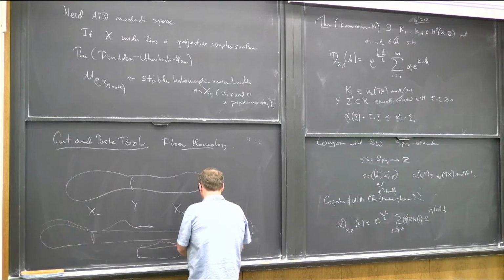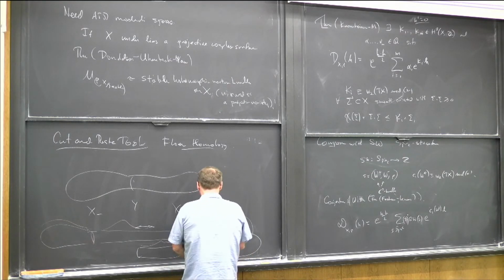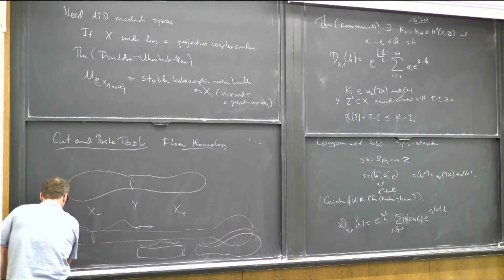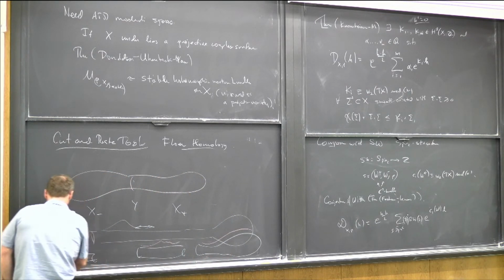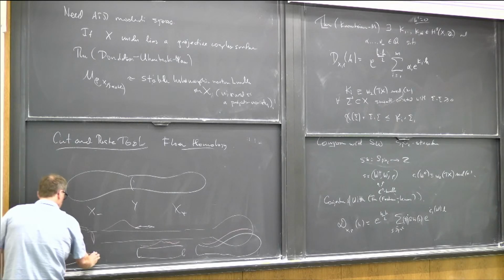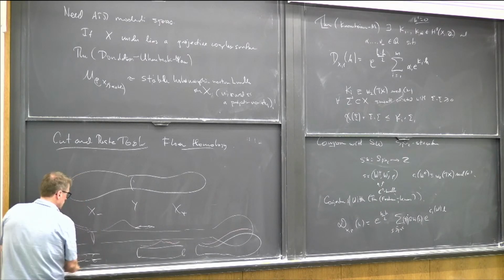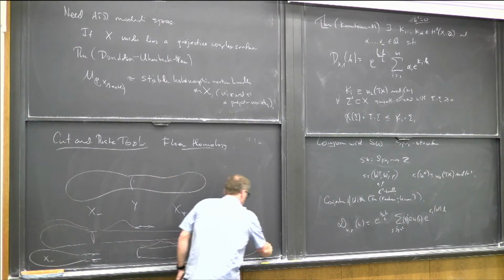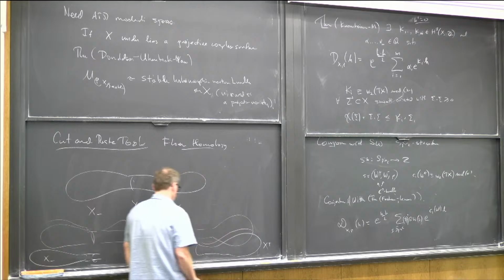You should think of the limiting picture as being X minus with an infinite cylindrical end, and then maybe many copies of a cylinder, and then a copy of X plus with a cylindrical end.